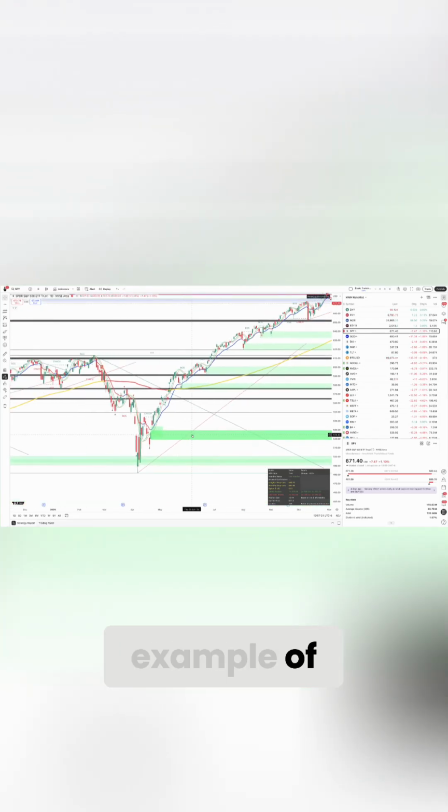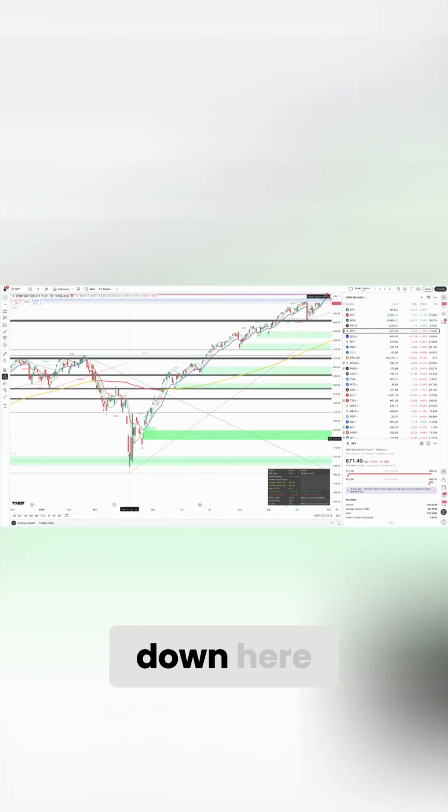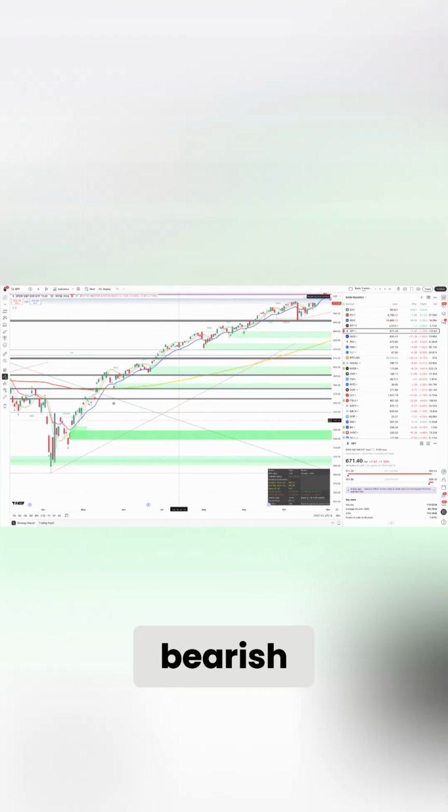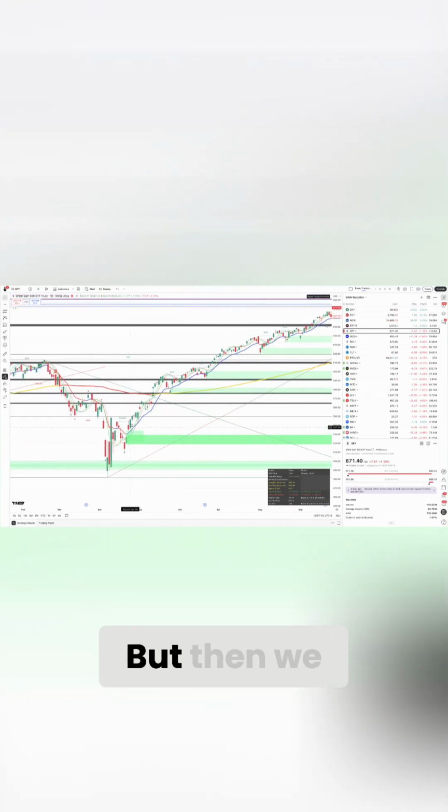So we got another example of that here. We have an early entry down here, right? We got the crossover. It pushed under it for a little while, but our line never crossed back under to show any kind of bearish transition. But then we pushed up and we made it from this entry over here at 520. We pushed up and we didn't get a trend line break. You see this trend line here? We didn't get the trend line break all the way up here at 580.